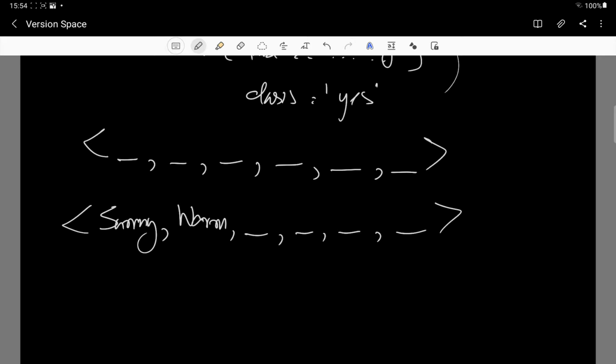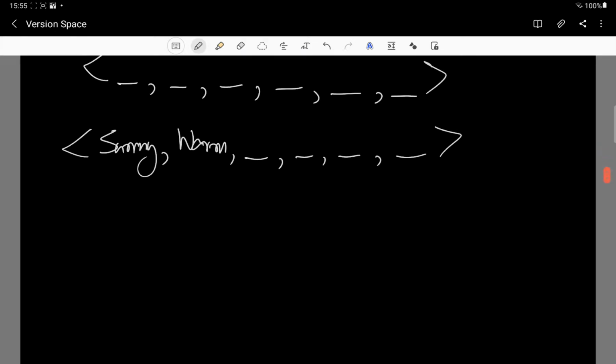So any data that has sunny in sky and warm in the temperature can be covered by these rules. So this is a little bit easier, right?